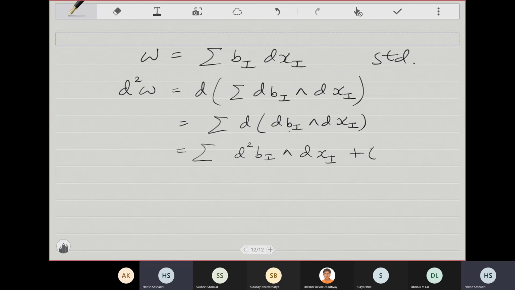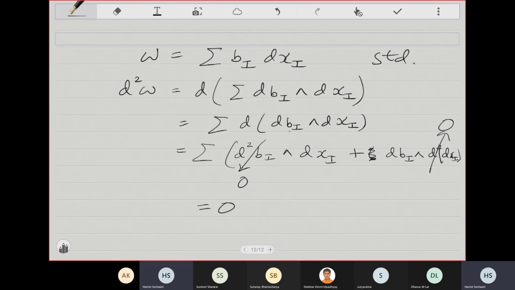Now this is a zero form again, there is nothing here, plus D Bi wedge D squared of dxi, which again we have seen is 0. Now the main point is that this is also 0 because of what we just proved for functions. So this overall is 0.